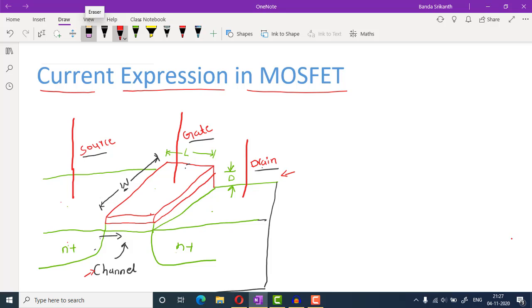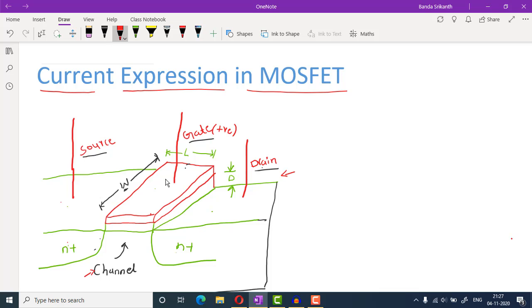For that, we have to apply a positive potential. First of all, we have to apply a positive potential on top of the gate.